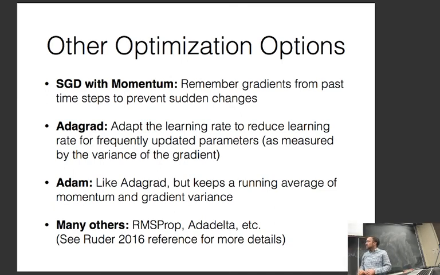There's also an interesting paper which I forgot to add to this list here, but it might be worth taking a look at. It was at NIPS this year, and it basically shows that stochastic gradient descent takes longer to converge, but often converges to a better place than these other ones.